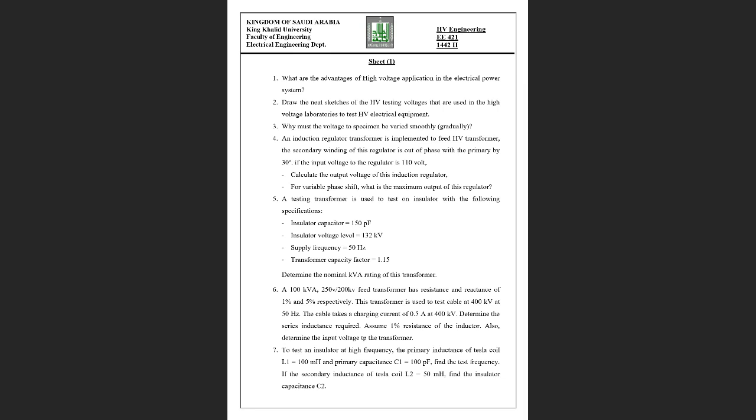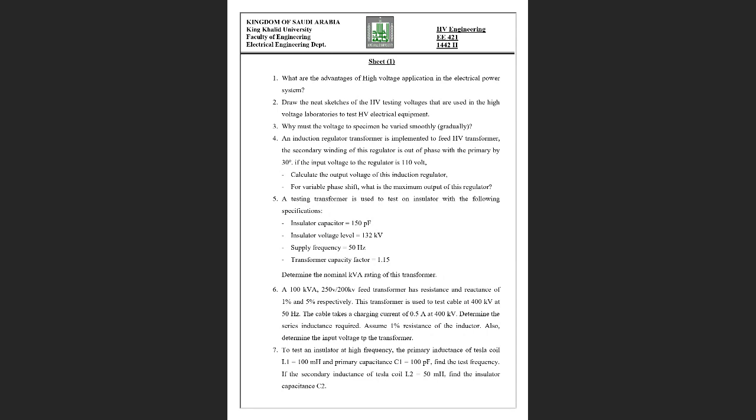Now coming to the seventh question. To test an insulator at high frequency, the primary inductance of the Tesla coil L1 is 100 millihenry and the primary capacitance C1 is 100 picofarad. Find the test frequency. The secondary L2 is 50 millihenry.